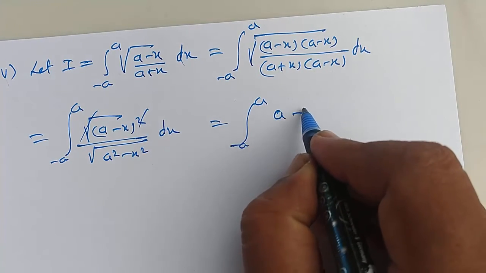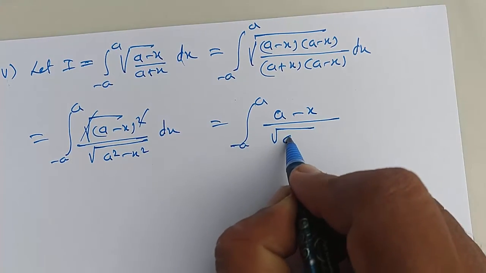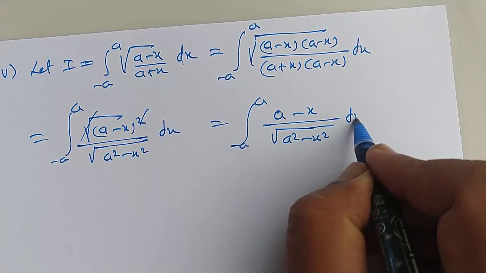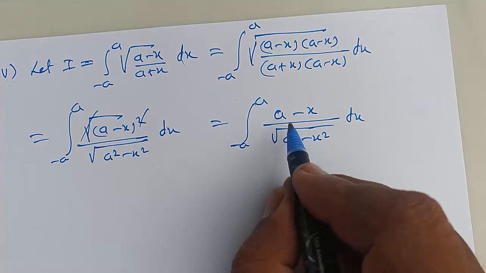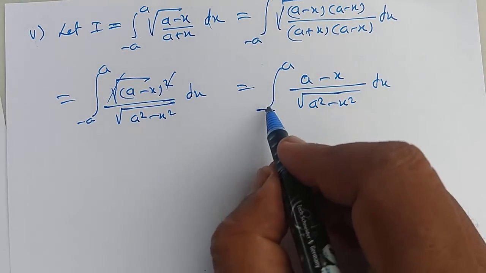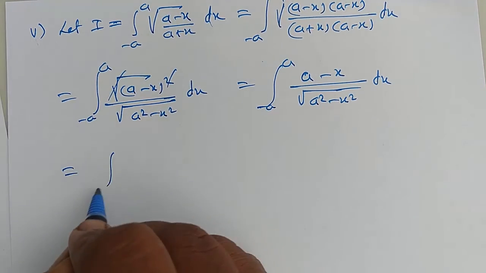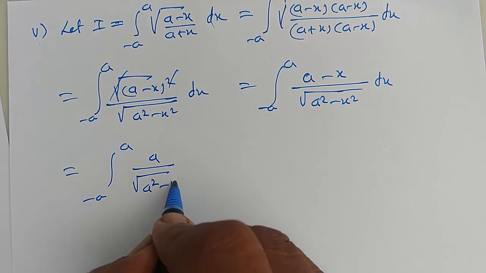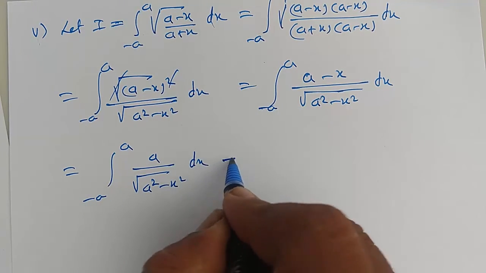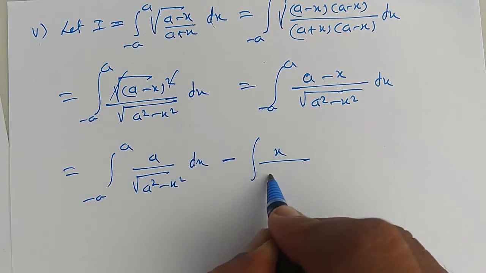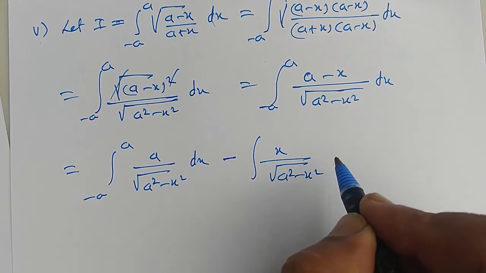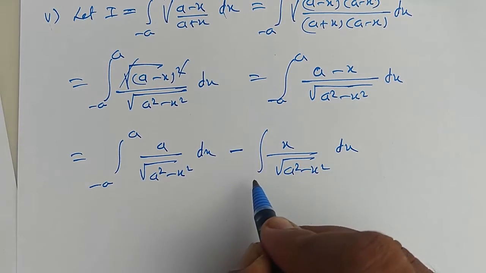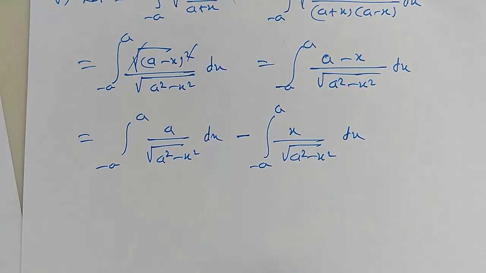It is a minus x upon under root of a square minus x square dx. Now dividing the square root into each term and separating the integration, it is integration from minus a to a of a upon under root of a square minus x square dx, minus x upon under root of a square minus x square dx from minus a to a.